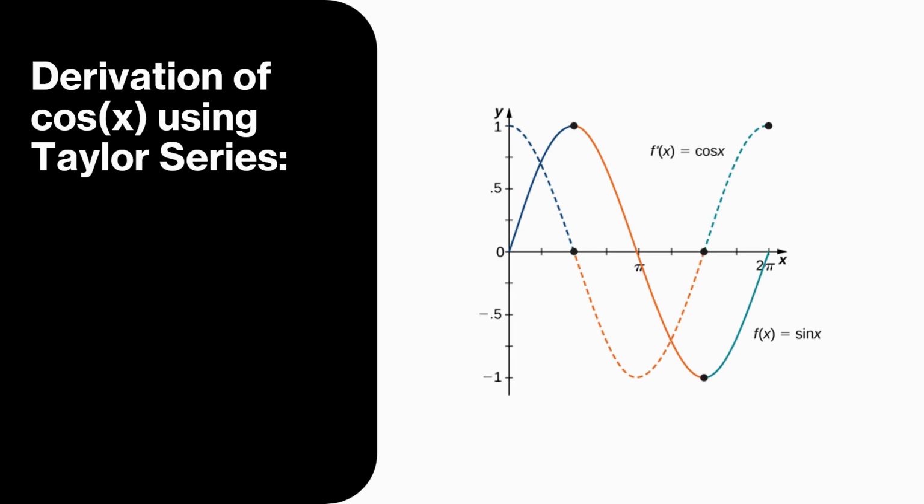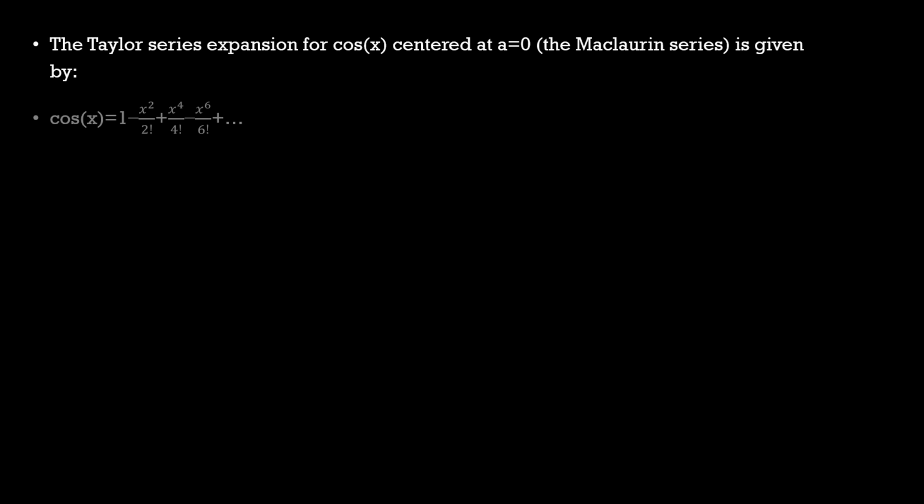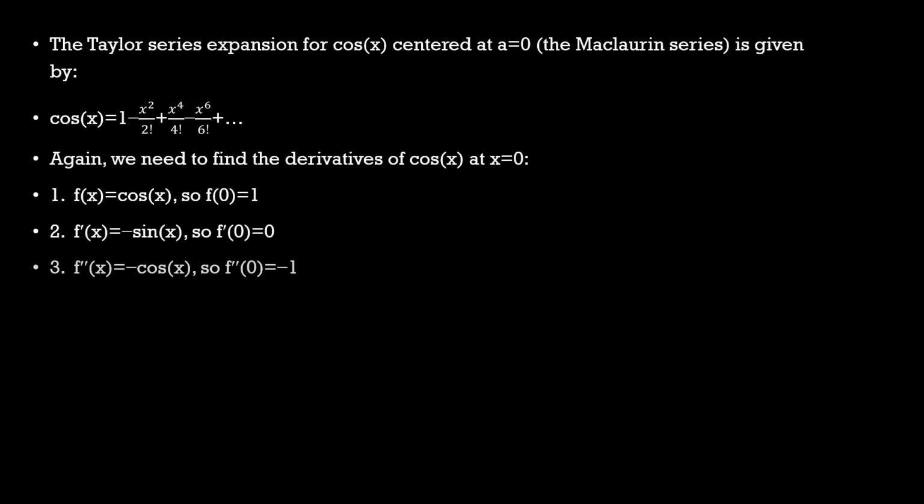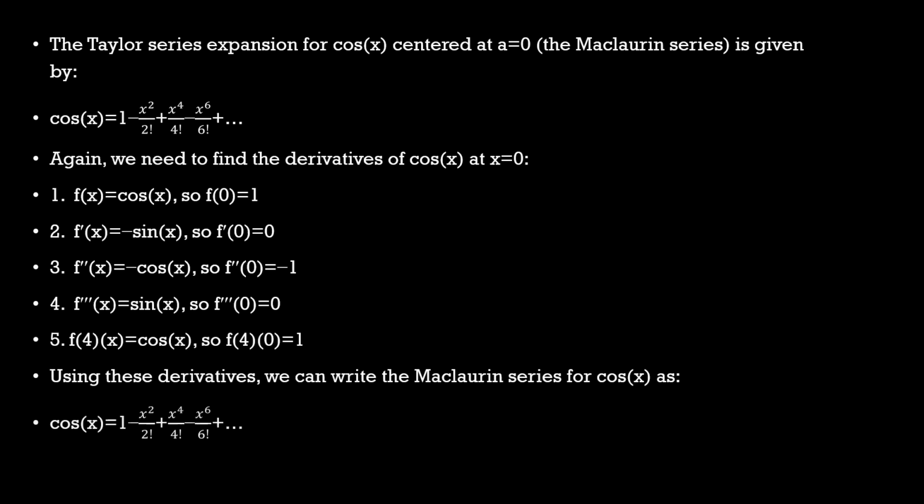Derivation of cosine x using Taylor series. The Taylor series expansion of cosine x centered at a equals 0 is given by the following. Again, we need to find the derivatives of cosine x at x equals 0.